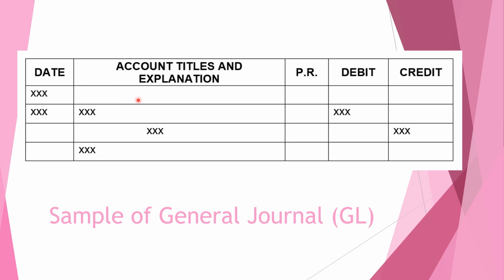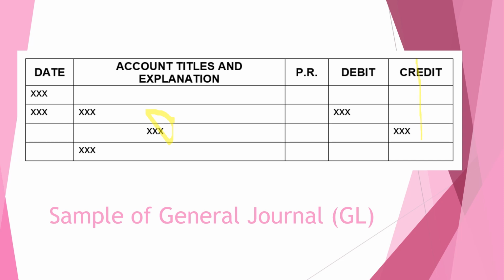The amount of the debit is recorded in the debit column. So the credit account title, that is the account to be credited, is entered on the next line in the column headed account titles and explanation. So the amount of the credit is recorded in the credit column.